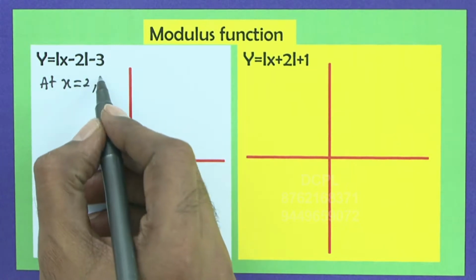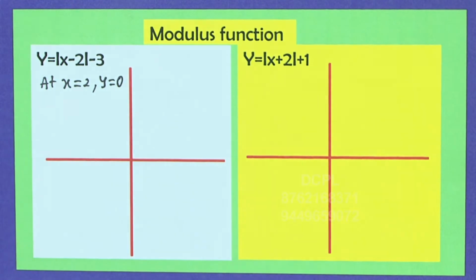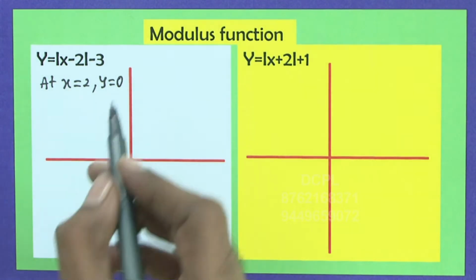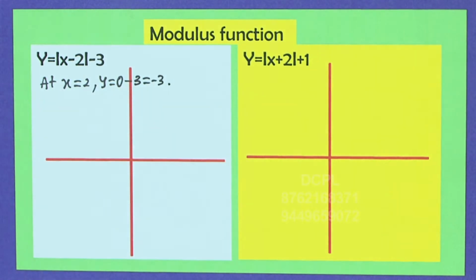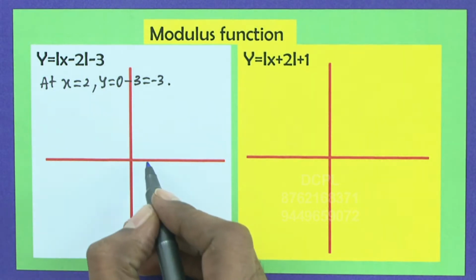Y is 0 minus 3, that is minus 3. Do you agree with me? So, 2 comma minus 3.